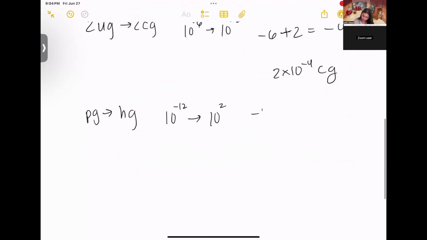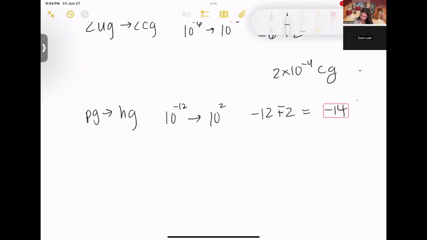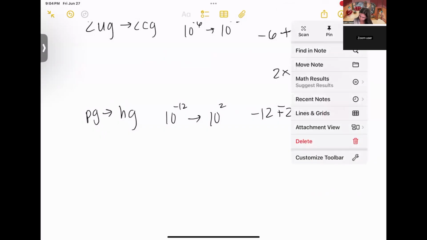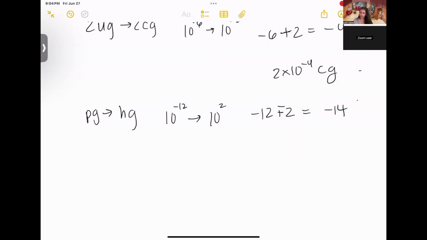So you'd want to do negative 12 minus 2, negative 14. Okay, negative 14. So you'd want to do, say it's just like 1, 1 times 10 to the negative 14, and then whichever one you're looking for, so hectograms.